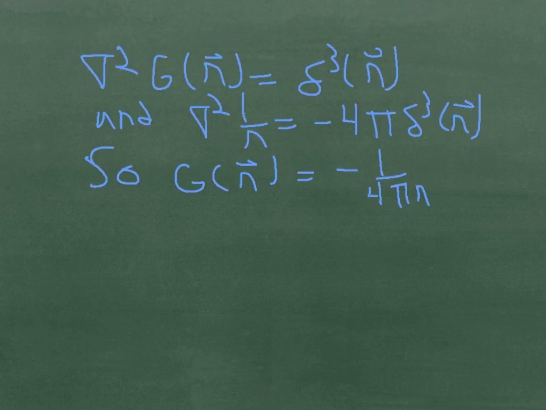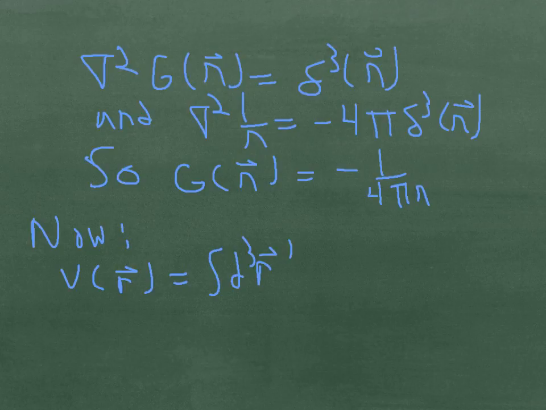The nice thing about this is now, for any generic charge distribution, we have V of r is equal to the integral d cubed r prime times the Green's function, minus 1 on 4 pi script r, times our f of r prime, which is minus rho of r prime on epsilon naught.